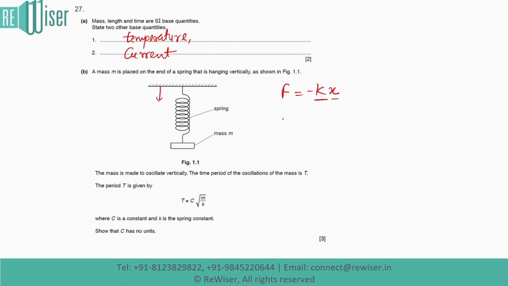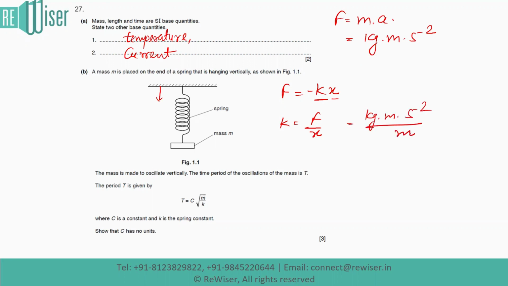So for K, the unit will be force upon x, that means force upon length. And the units of the force are defined from Newton's second law, M into A, kilogram meter S minus 2. So for K the units will be kilogram meter S minus 2 upon meter. So meter will cancel out, it will be kilogram S minus 2.